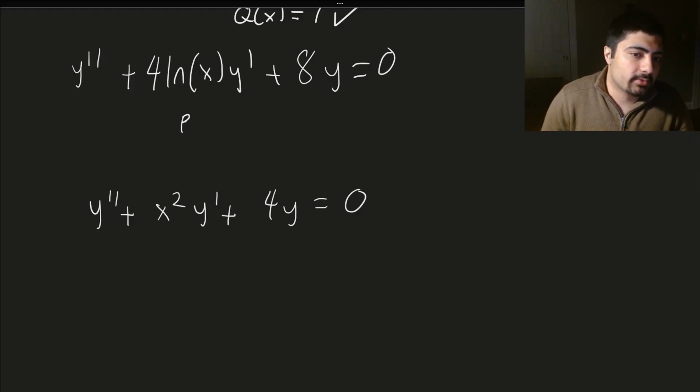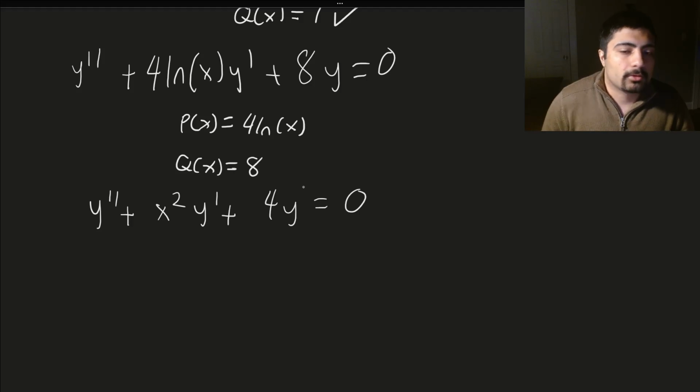We have p(x) equals 4 ln x, and q(x) equals 8. Well, 8 is defined everywhere, it's a constant number. However, 4 ln x is not defined everywhere. We don't have a definition at x equals 0.